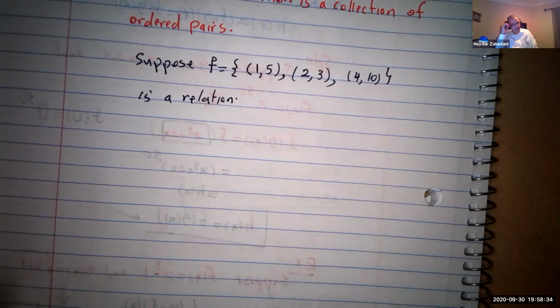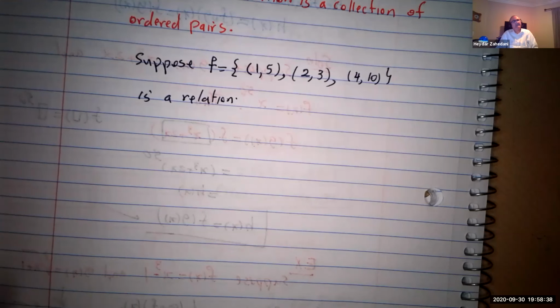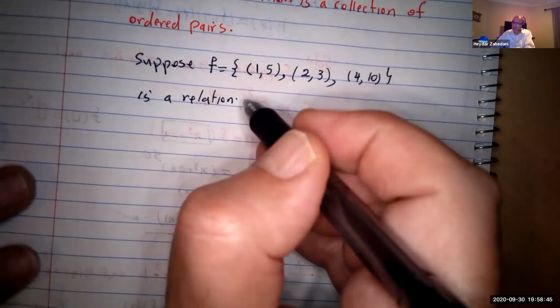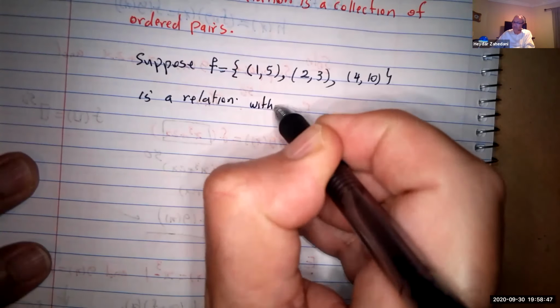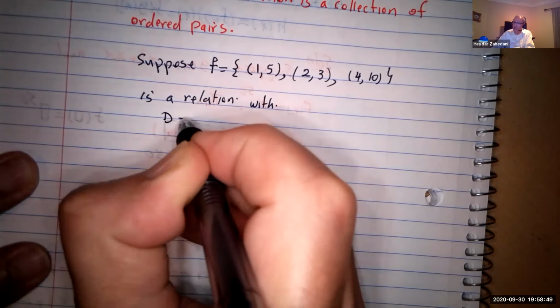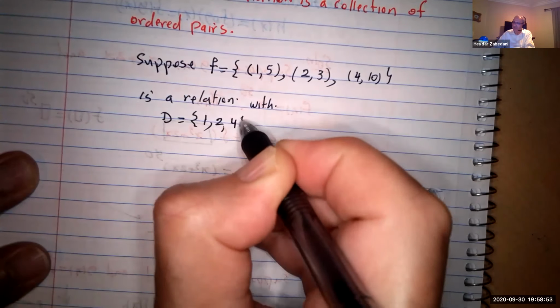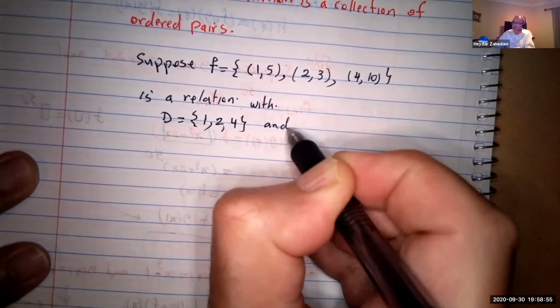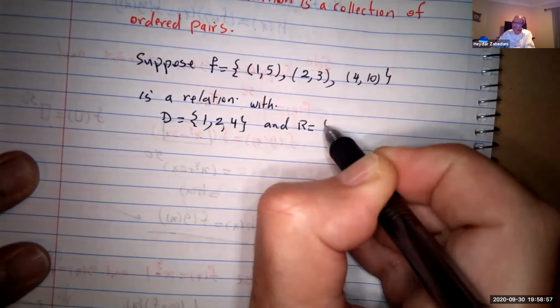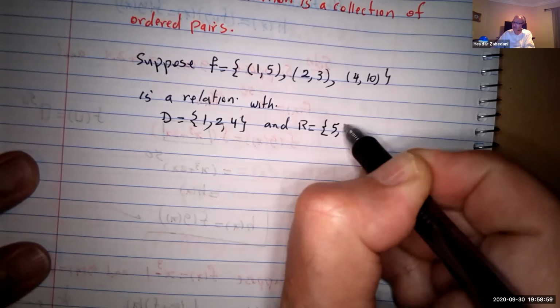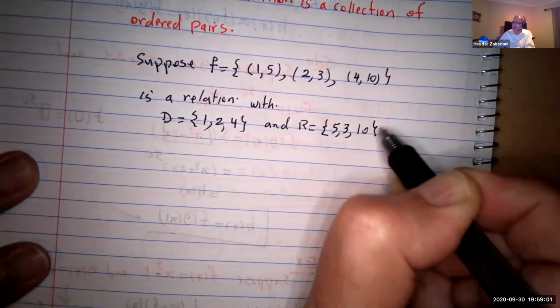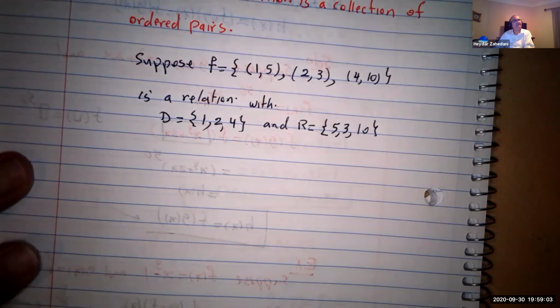You know that this is going to be a relation. The domain of this relation is 1, 2, 4, and the range of this relation is 5, 3, and 10. That's this function, okay, a relation.